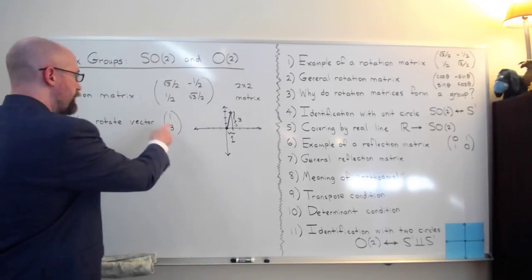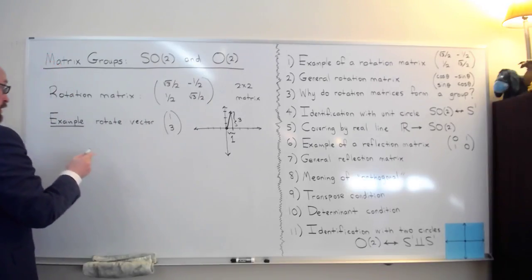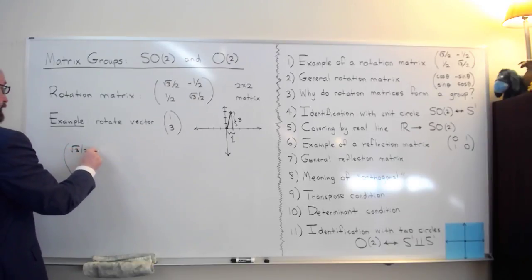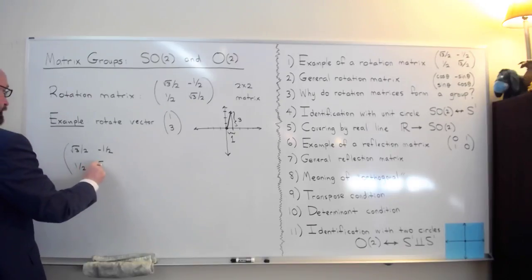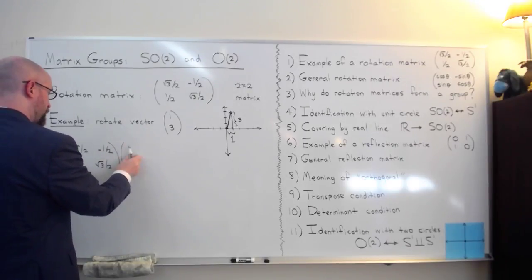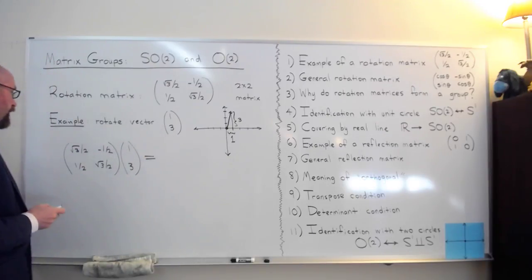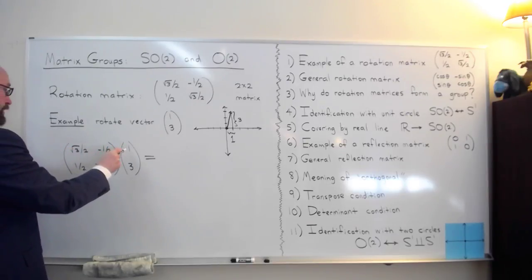So let's see what happens to this vector here. Well, I'm going to multiply it by the matrix again. And what is this going to come out to now? Well, I'm going to have a square root of 3 over 2 coming from this.